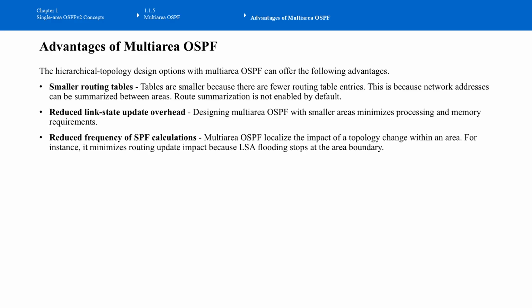Designing multi-area OSPF with smaller areas minimizes the processing and memory requirements. It also reduces the frequency of SPF calculations. Multi-area OSPF localizes the impact of a topology change within an area. For instance, it minimizes routing update impact because LSA flooding stops at the area boundary.